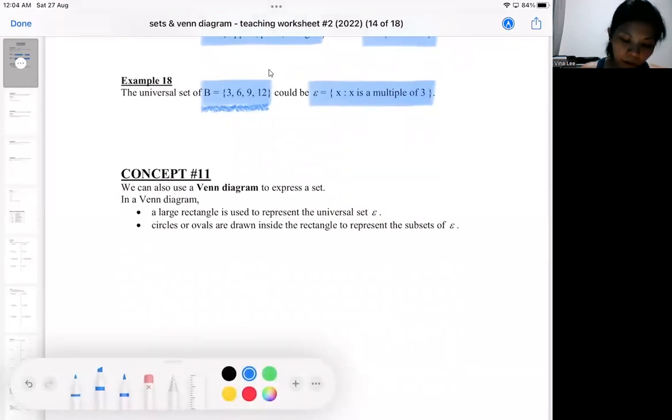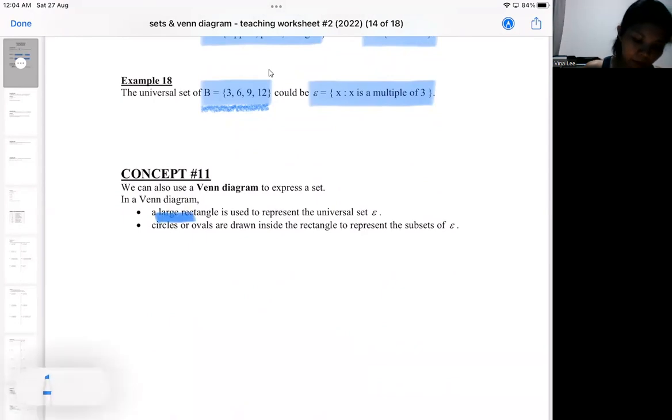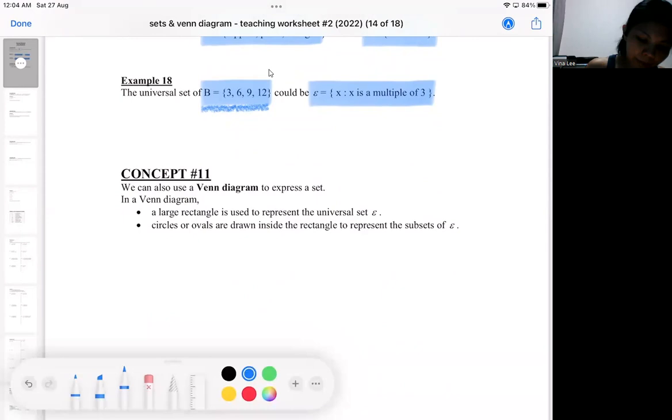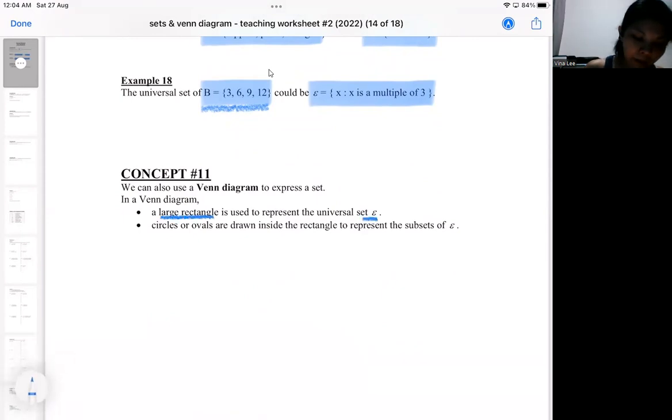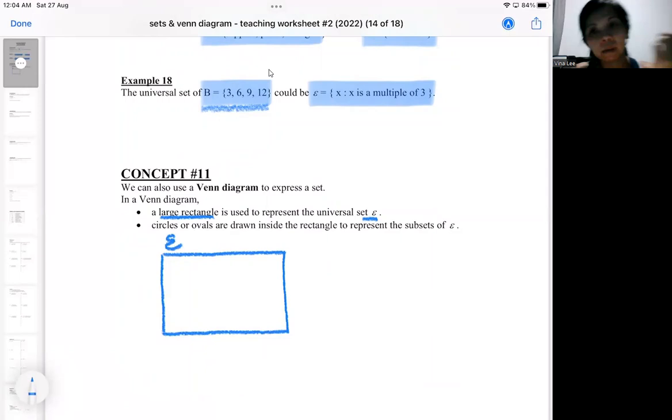It's usually standardized that we use a large rectangle for the universal set. It will usually look like this. So this is the universe.